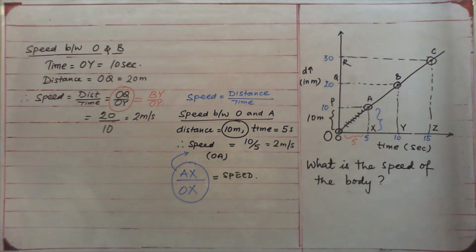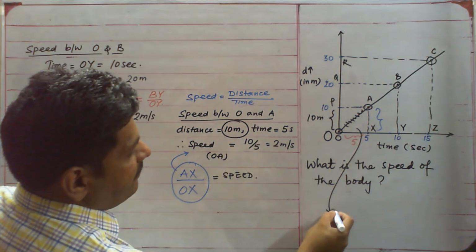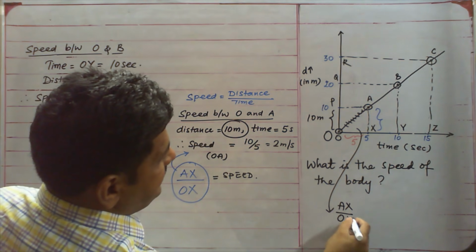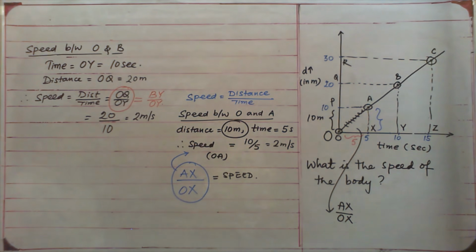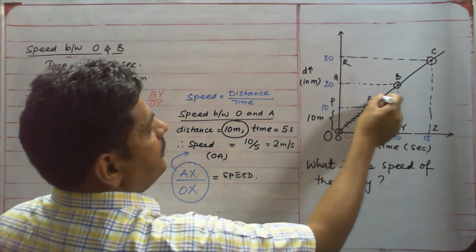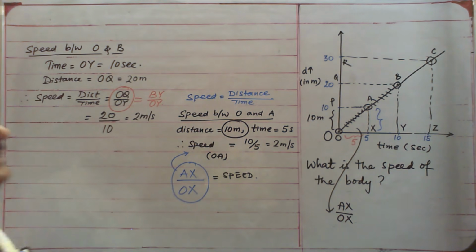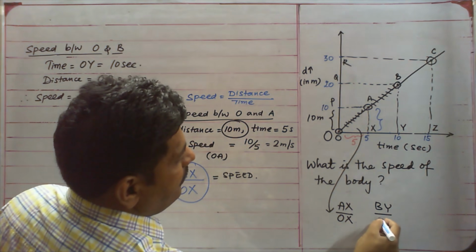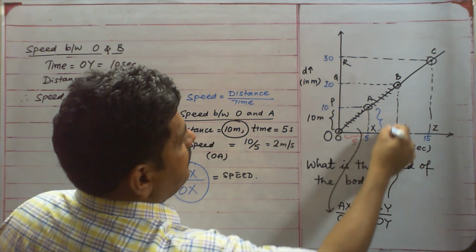So if you look at this graph again, in the previous part we had AX by OX as the speed. Now when we are talking about the whole part till here, it is BY by OY as the speed of the body.